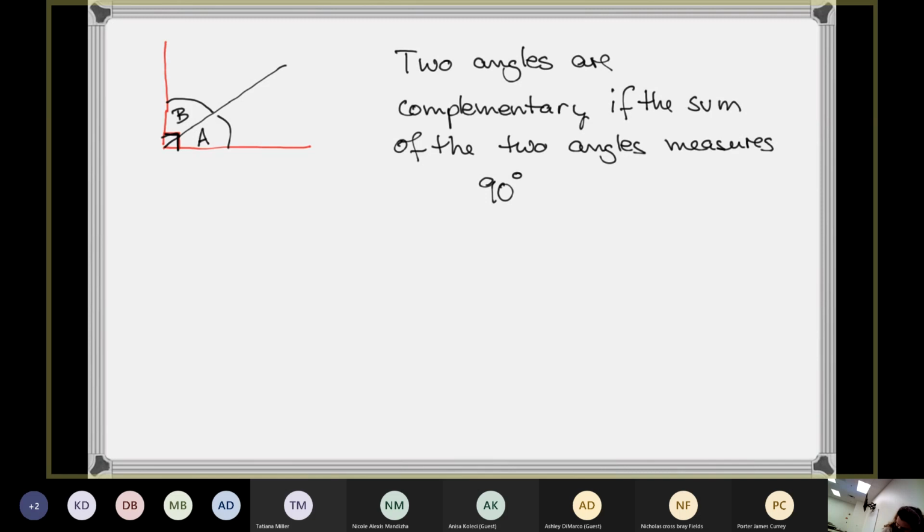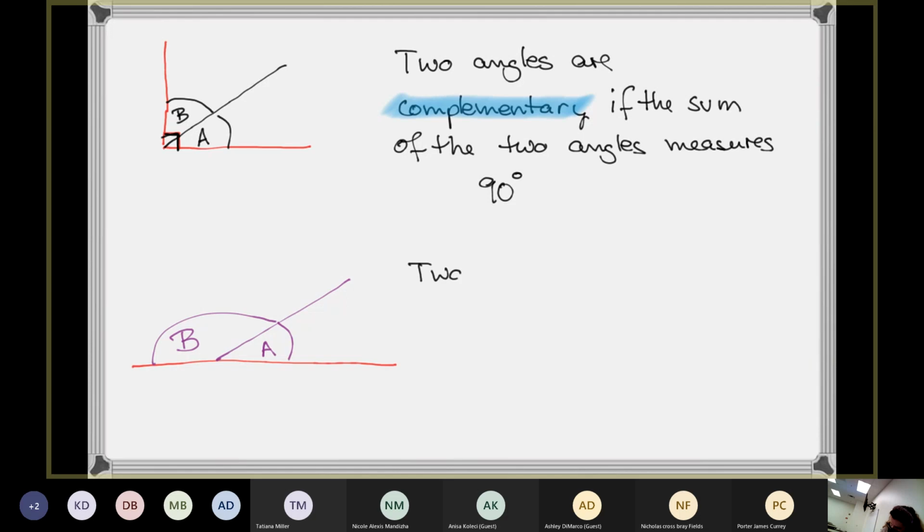Where there are complementary angles, there are supplementary angles, and supplementary angles come from a straight line. If you have a straight line and you divide it into two angles, let's say here's A and here's angle B, then both angles have to add up to what? 180.